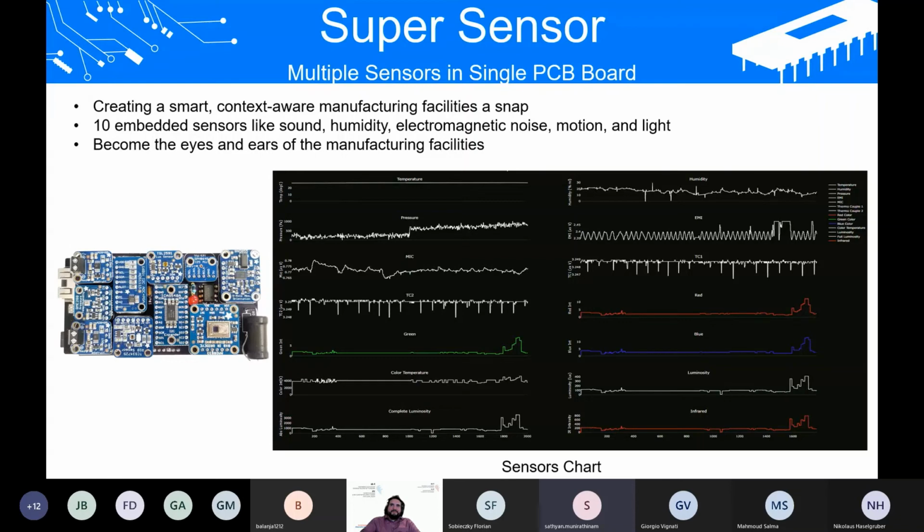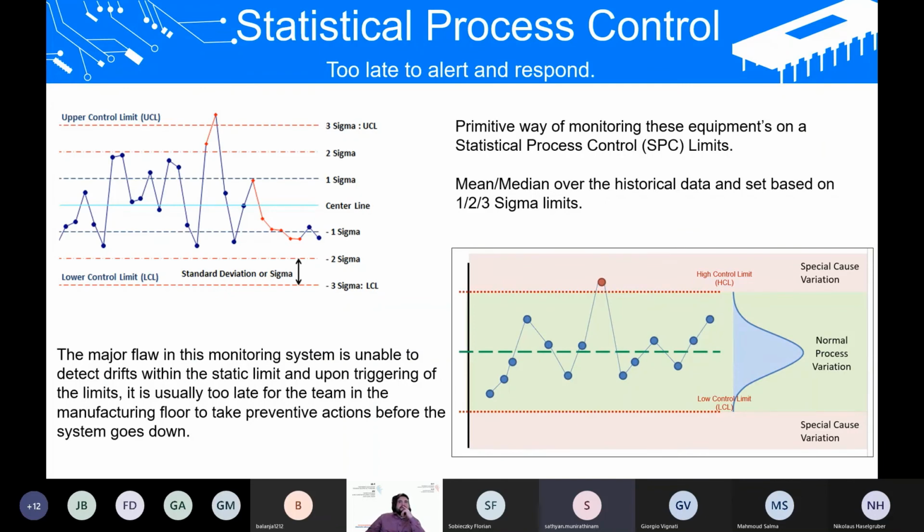If you look at the chart we put here, it has pretty much become the eyes and ears of the manufacturing facilities. We have installed multiple PCB boards in multiple locations, watching 24/7 and giving real-time data to see how well each of those units is performing. So that's the hardware side of it at a very high level.